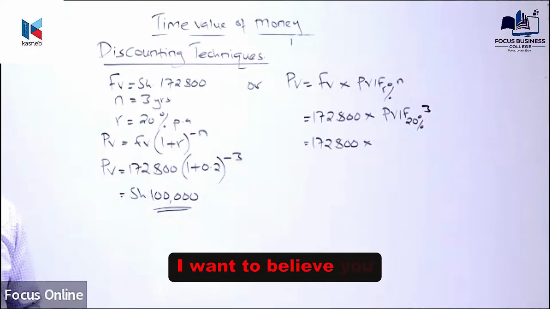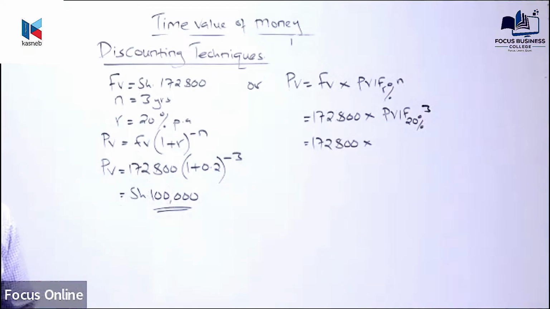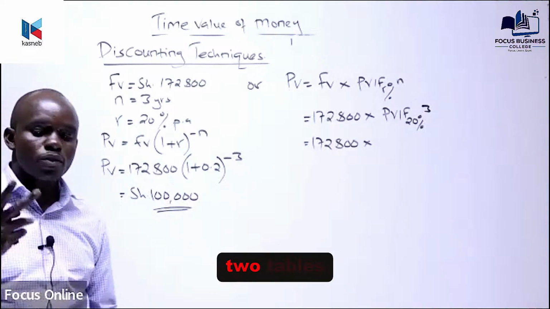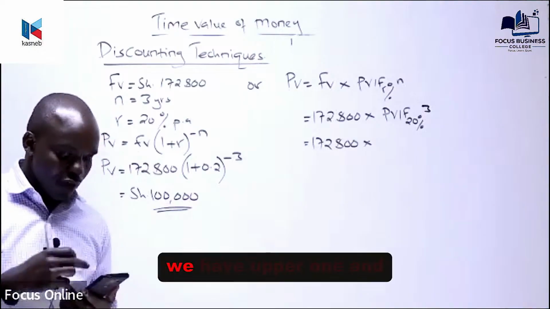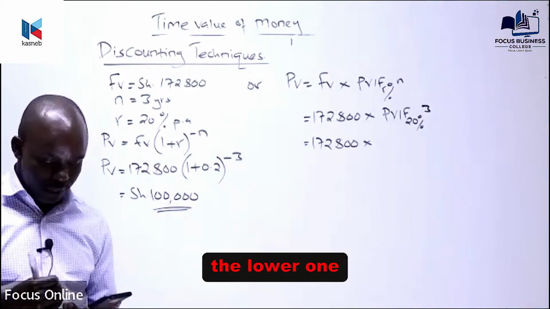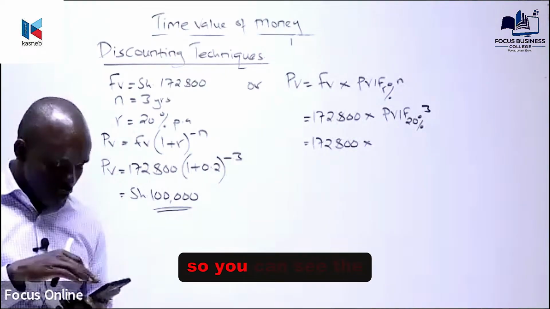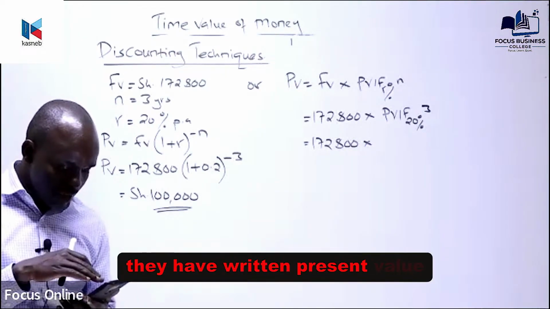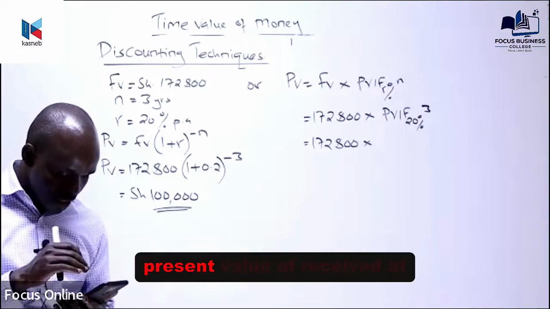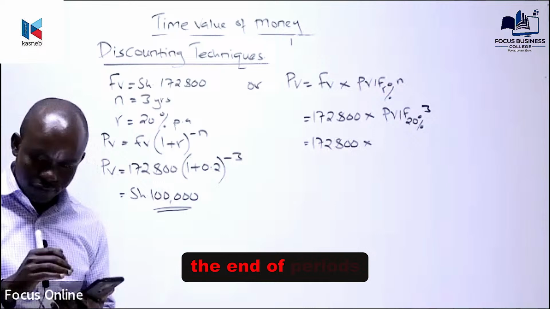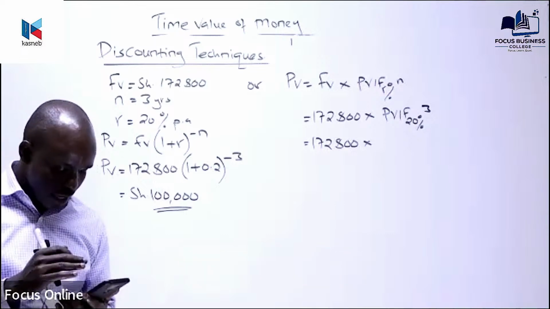I want to believe you have the table that I've shared. Now in that paper, there are two tables, the upper one and the lower one, and you can see some formulas written above them. The first one says present value interest factor, present value of 1 received at the end of n periods.